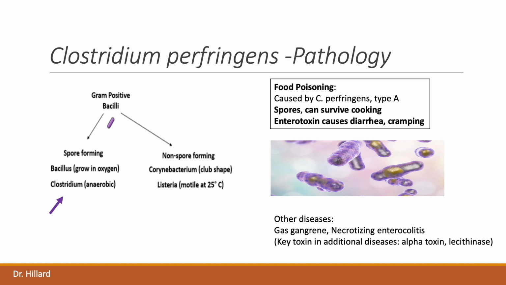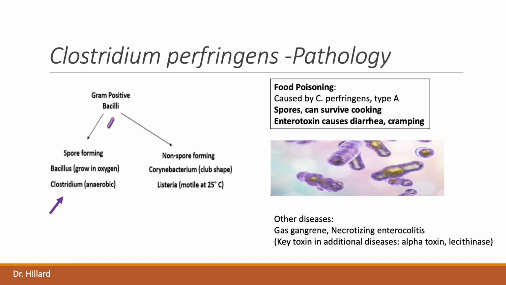Once in the intestine, the bacteria releases an enterotoxin, which forms pores in the cell membrane of the enterocytes. Although the mechanism of action of the toxin is not important to memorize, you should know that enterotoxins are the underlying culprit to the diarrhea and cramping seen clinically.